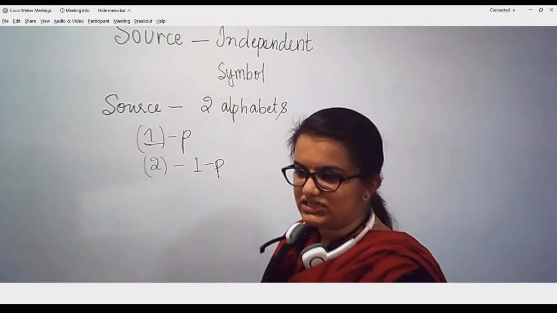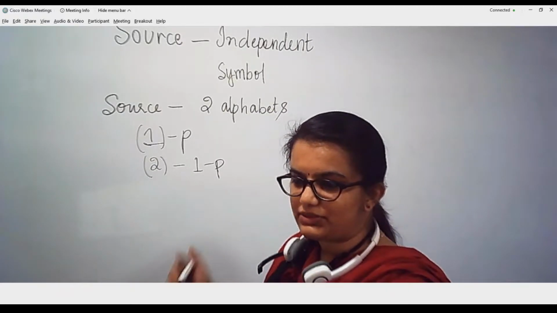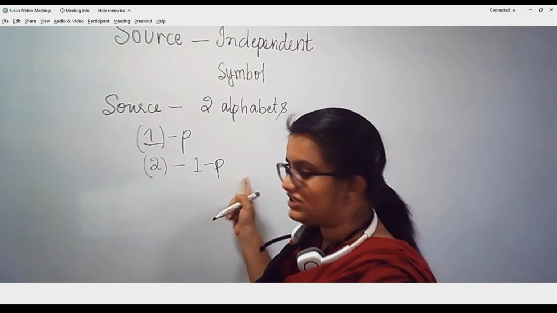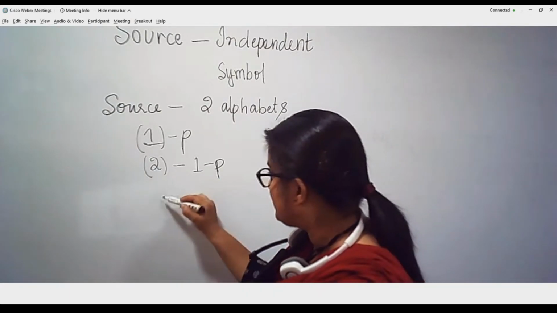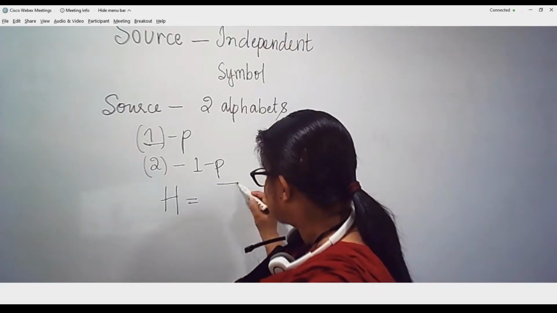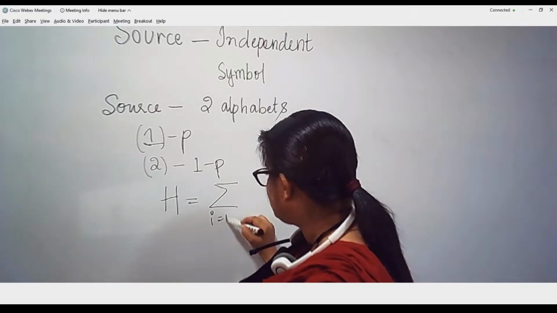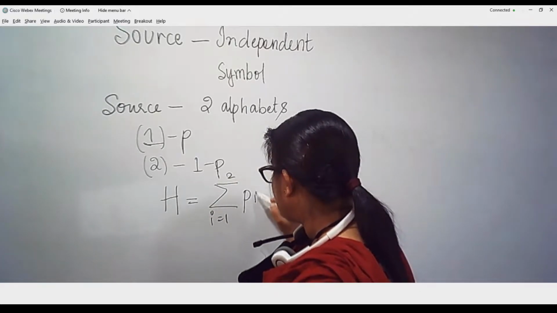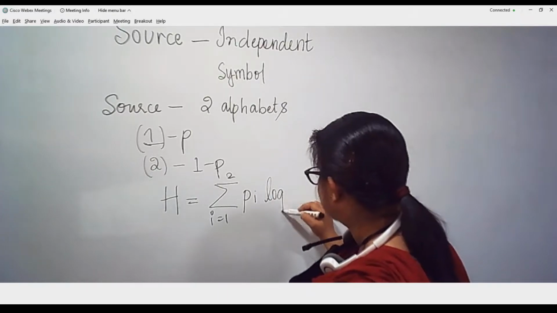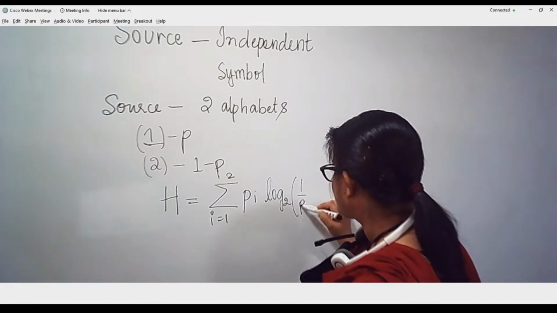In such case, the average information content present in this source is given by H equals summation i running from 1 to 2 of Pi log to base 2 of 1 over Pi.